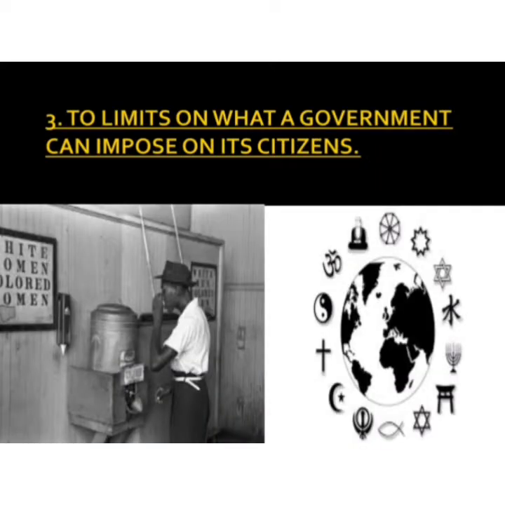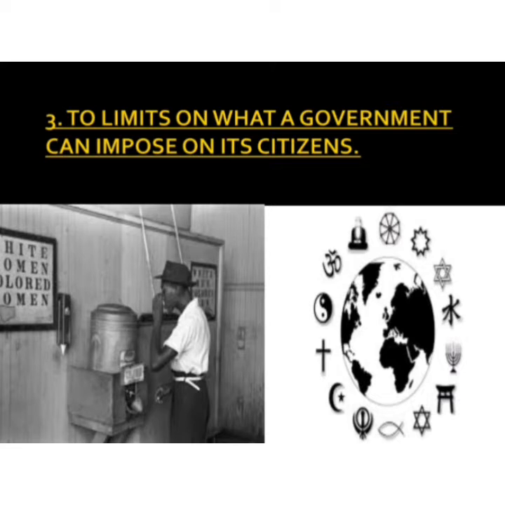Now moving on to the third, that is to limit what a government can impose on its citizens. That means, as the picture is being shown, there is always a discrimination based on the skin color, based on the religion that you belong to, based on the color of the clothes that you want to wear, right?